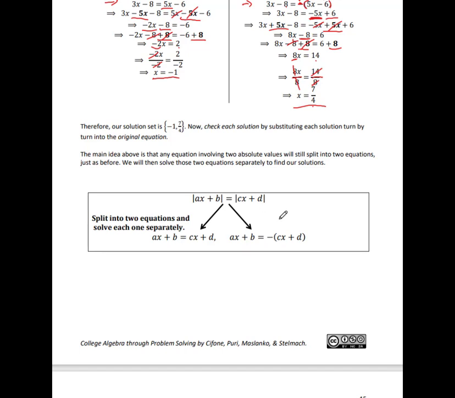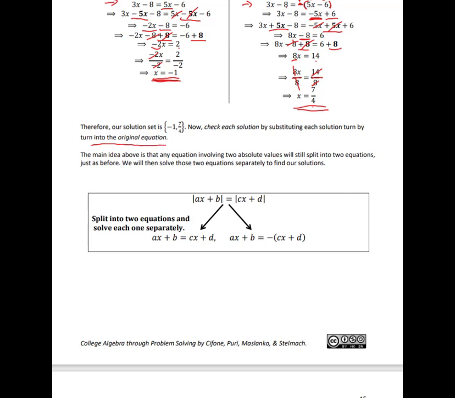Okay, so now to check your solution, again, you will be substituting each of these solutions, first negative 1 and then 7 over 4, in turn into the original equation. Okay, so the main idea above is that any equation involving two absolute values will split into two equations, just like we did before.